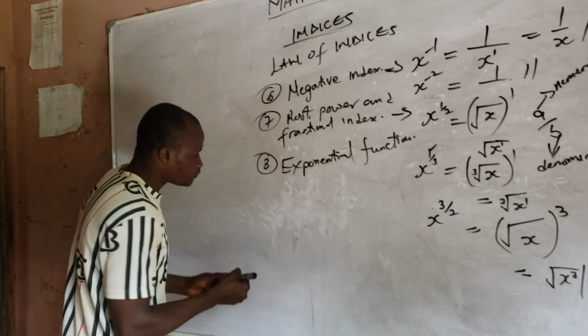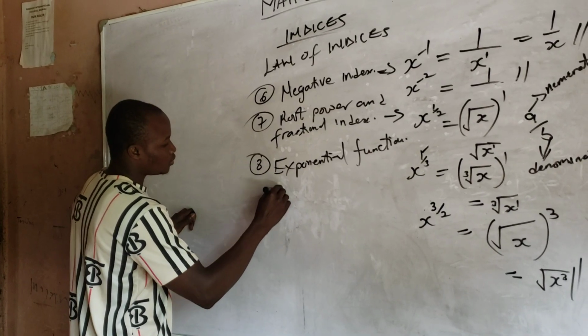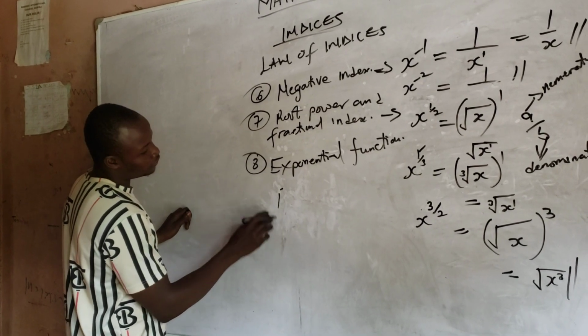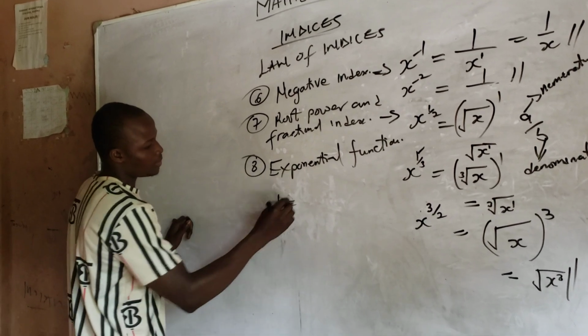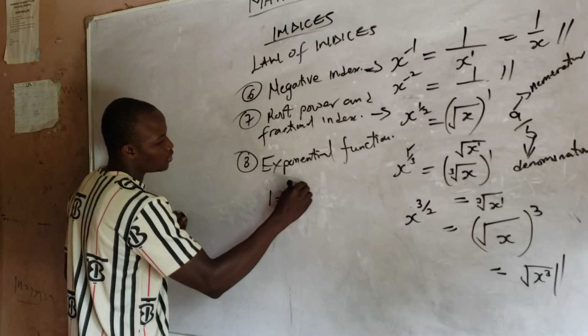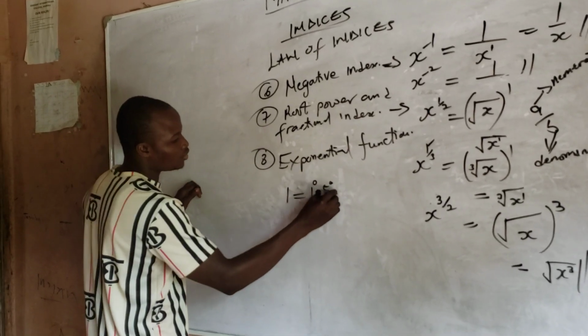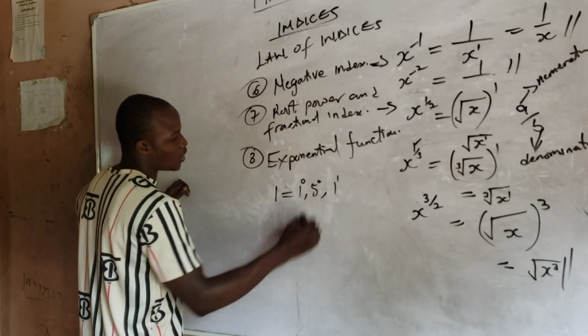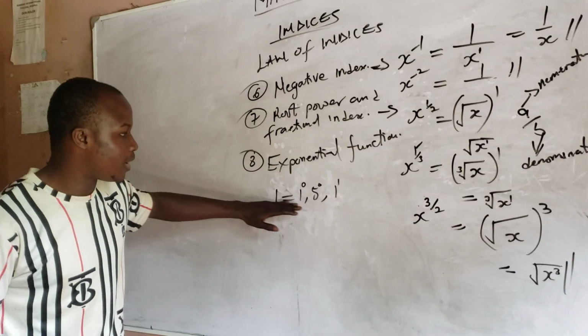For example, we know that the index form of 1 can be 1 raised to the power 0, 5 raised to the power 0, any number raised to the power 0. And you can also use 1 raised to the power 1. So these are the index forms of 1. Any number raised to the power of 0 gives what? 1.